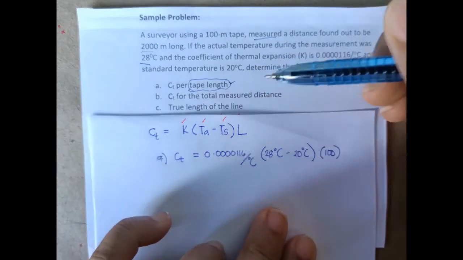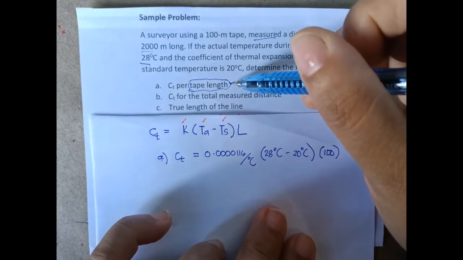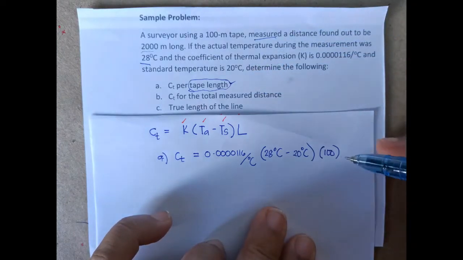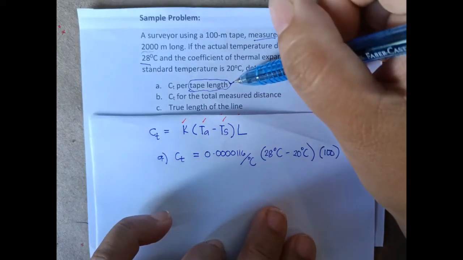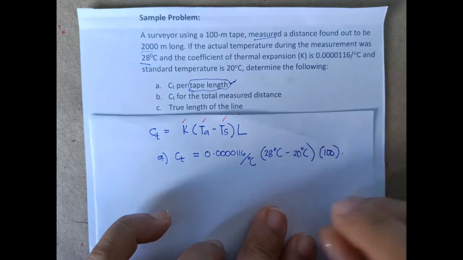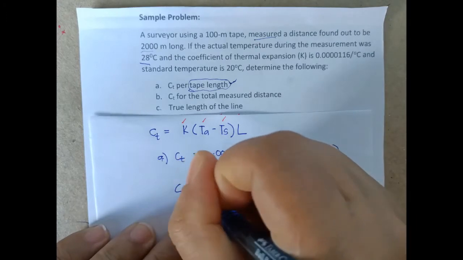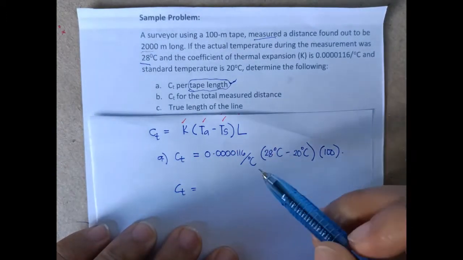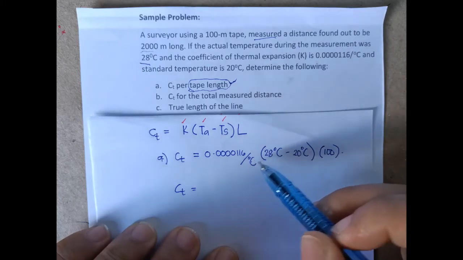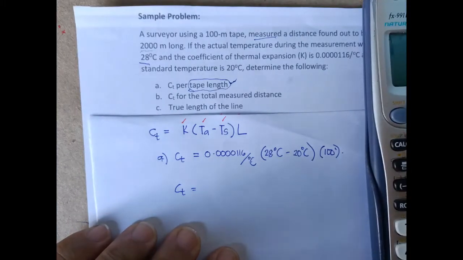Because A is the temperature correction due to not standard temperature per tape length, so we have to use 100, not the 2,000. Simplifying, the degrees Celsius cancel out, and you have the remaining unit, which is meters.